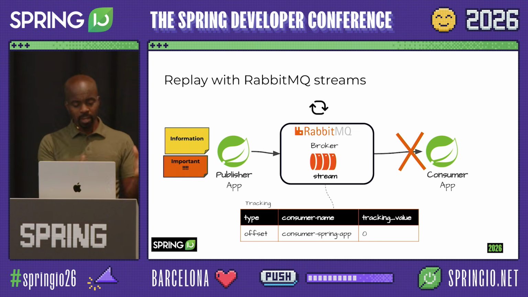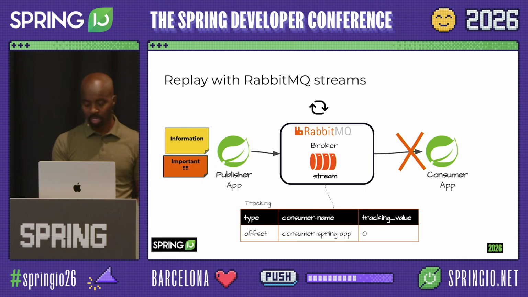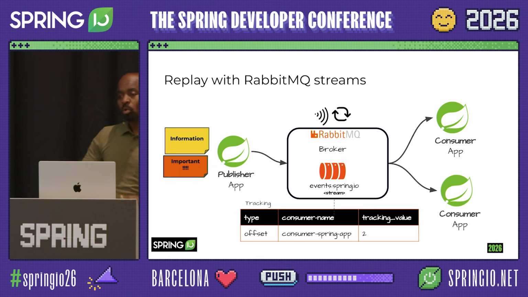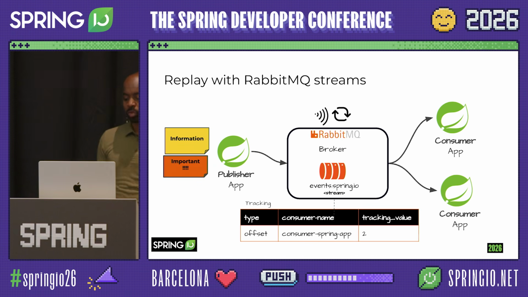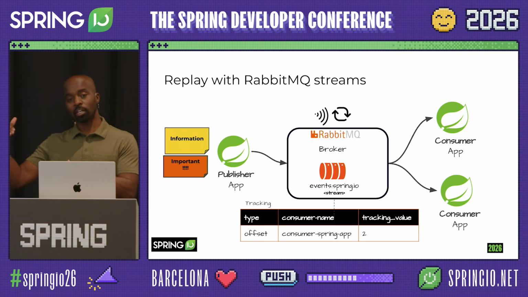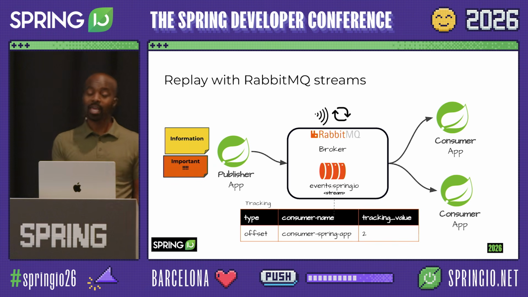So Rabbit will say, hey, for this stream, maybe that particular consumer didn't process any messages, so it starts at 0. But if there were 2 messages in the stream, and the consumer processed those 2 messages, then when that consumer starts up again, Rabbit will say, hey, I don't have any new messages for you.